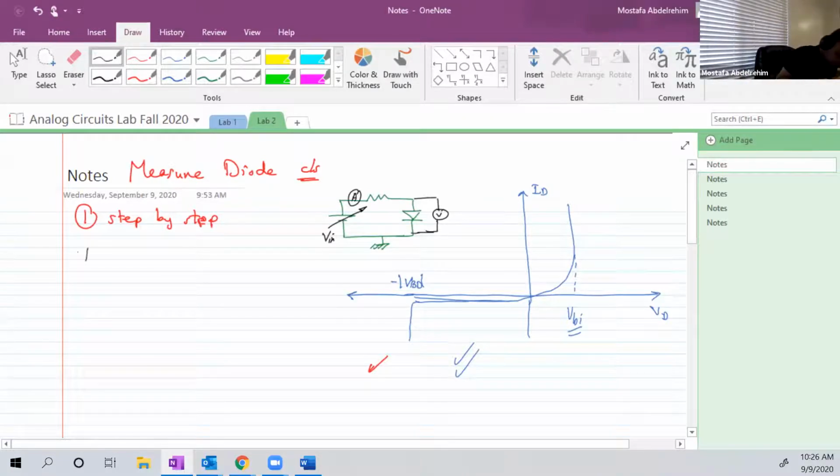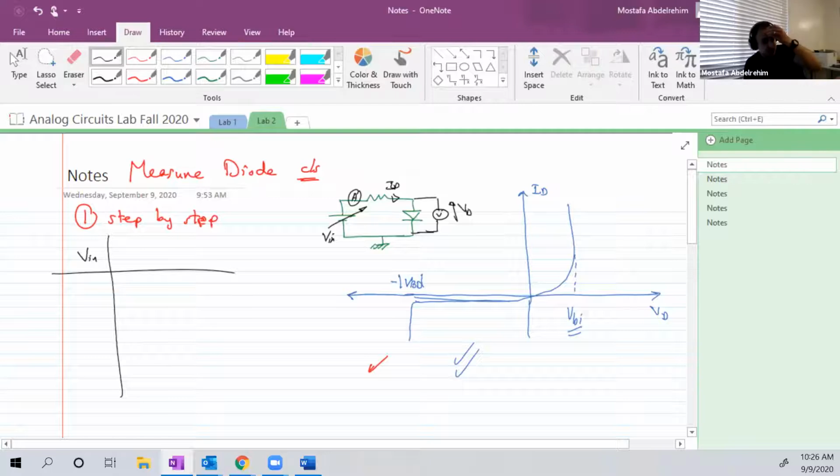So here is V input. And this is Mr. ID. And this is Mr. VD. And remember, of course, the relation is between ID and VD.